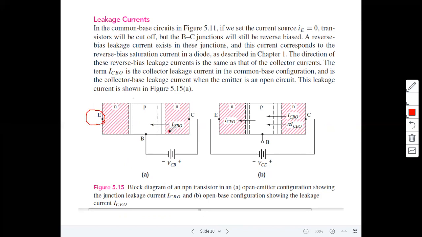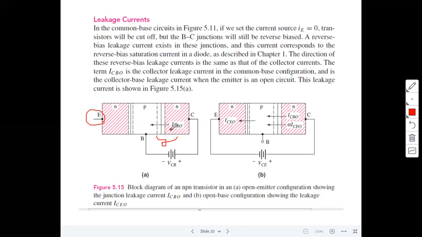Now observe that the collector base junction is reverse biased. Observe the polarity here: the N terminal is connected to plus and the P terminal is connected to minus, so this junction is in reverse bias. Due to this reverse polarity, it acts as a forward bias to the minority carriers.